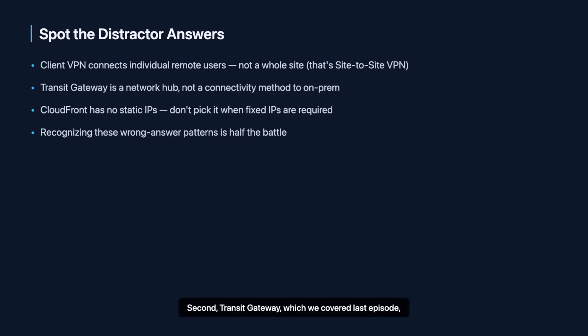Second, Transit Gateway, which we covered last episode, is a network hub that connects VPCs together. It's not a method for reaching on-premises by itself. And third, remember CloudFront has no static IPs, so don't pick it when the requirement is fixed addresses to whitelist. Recognize these wrong answer shapes and you eliminate them on sight.